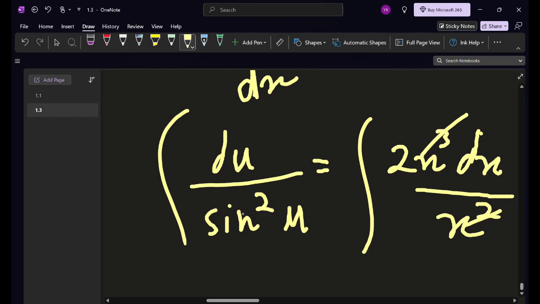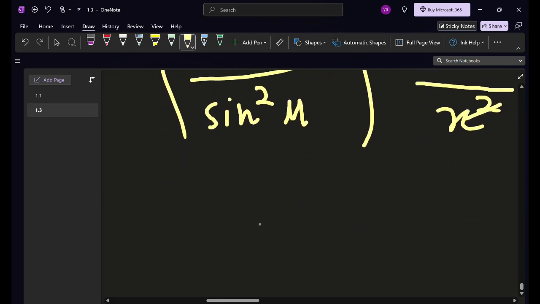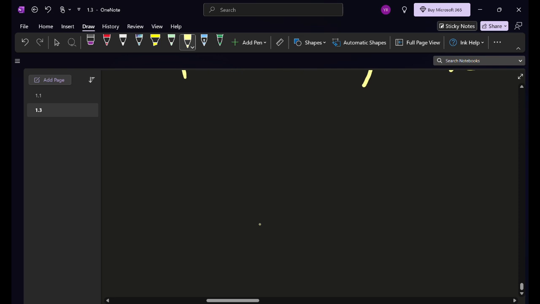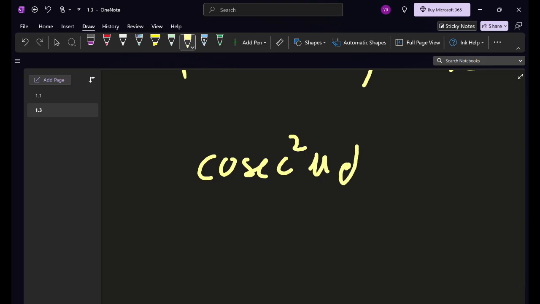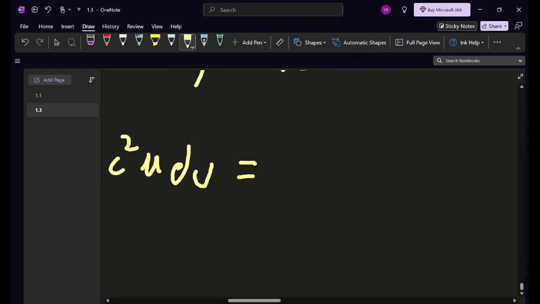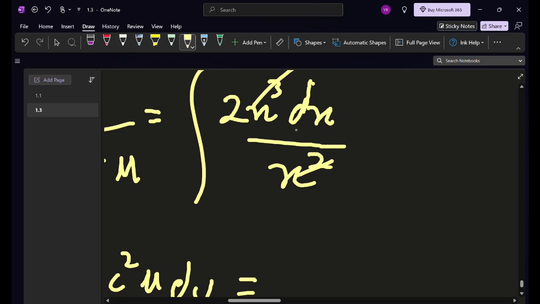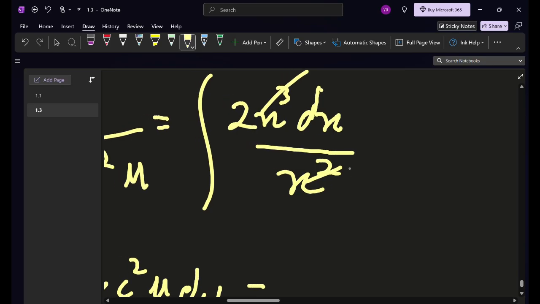Now as we know the reciprocal of sine is cosec, so we can also write this as integration of cosec square u du is equal to, after cancelling this part, we are just gonna integrate it too.